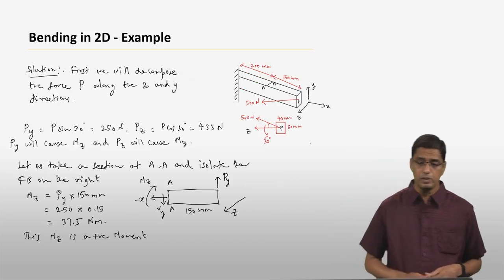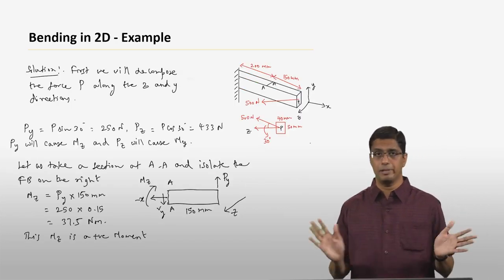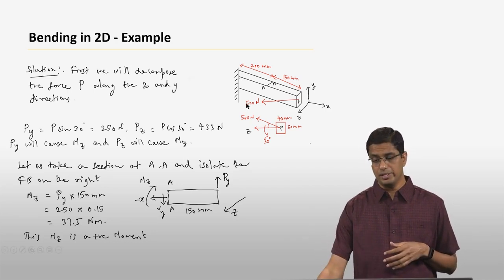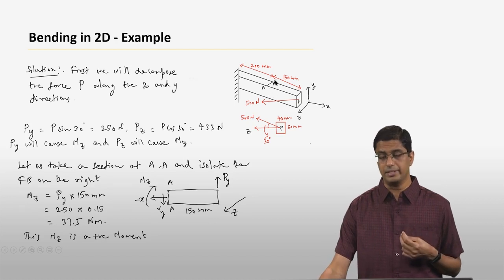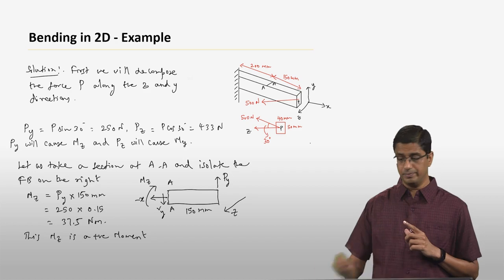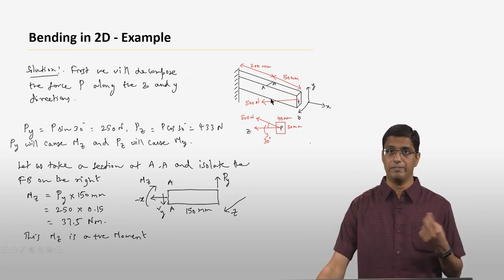Okay, so what do we do in problems like this? There are two ways to approach these problems. One way is that you know what is the force, you know what is the distance of that force from the cross-section or the centroid of the cross-section that you're looking at. So you can find out what is the R vector, and then you can find out what is this force F vector.